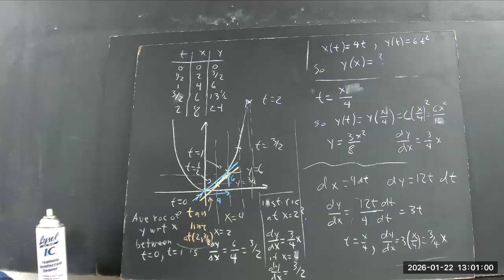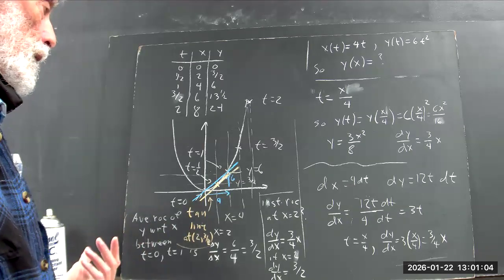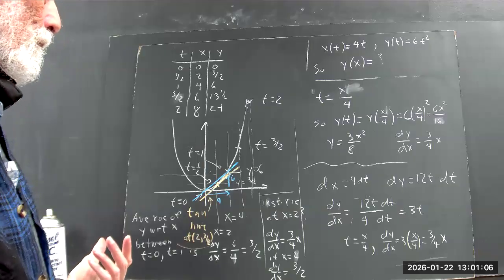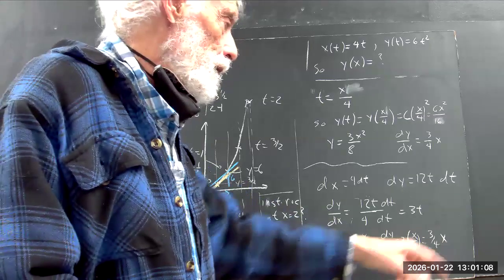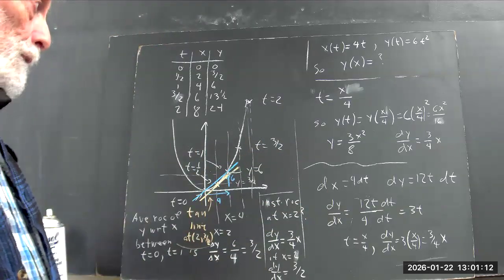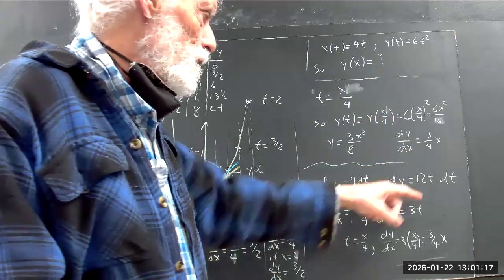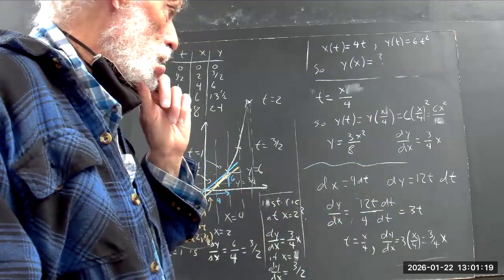Okay, something's a little bit screwy there because if I do dy over dx, I do get 3/4 x. And if x is 2, that equals 3 halves. But if x equals 2, dy is 12 and dx is 4.